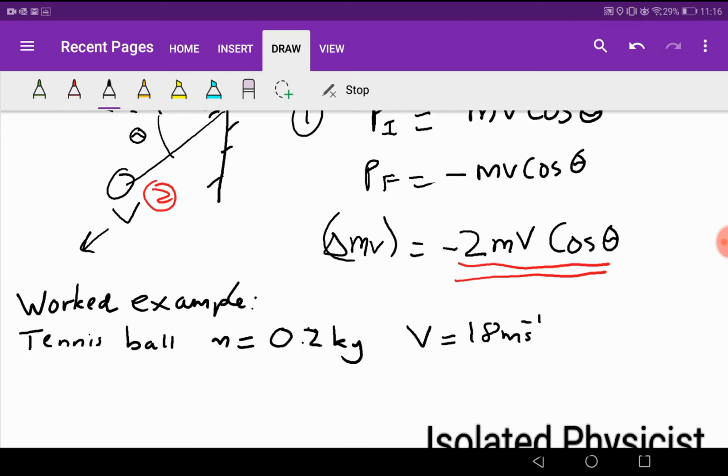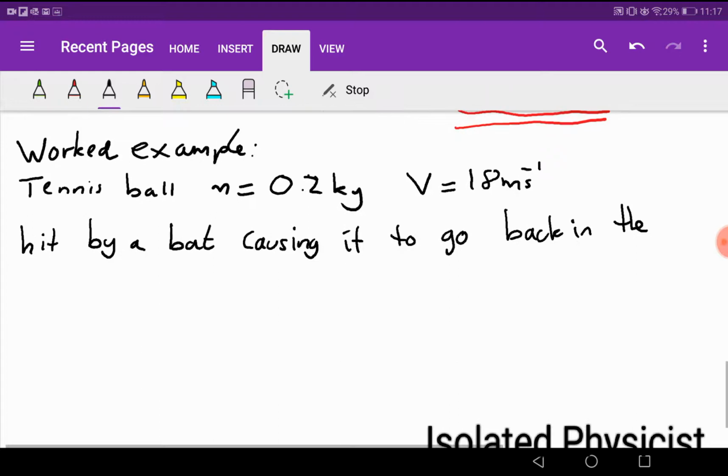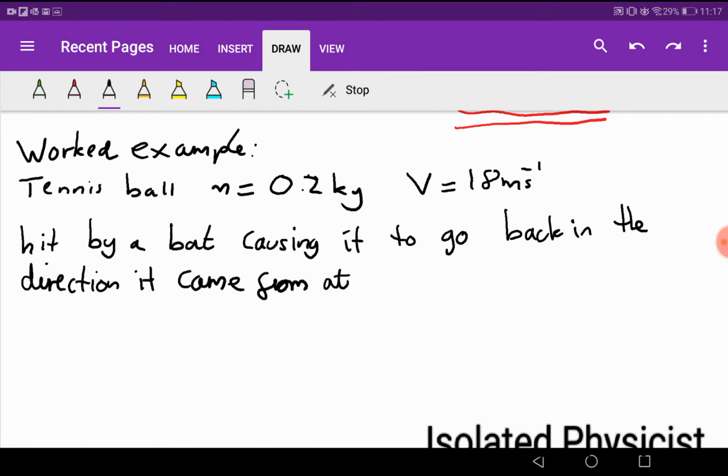It was hit by a bat, causing it to go back in the direction it came from at a speed of 15 meters per second.